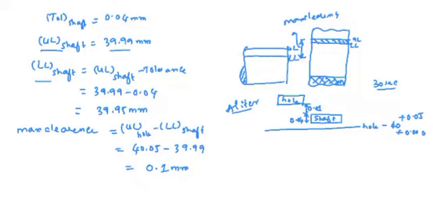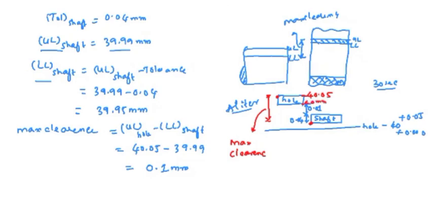What is the maximum clearance? This distance corresponds to the maximum clearance, which is nothing but the upper limit of the hole minus lower limit of the shaft. Upper limit of the hole is 40.05, and lower limit of the hole is 40 mm.